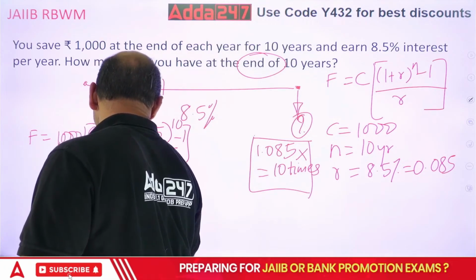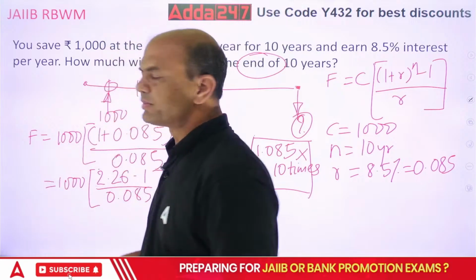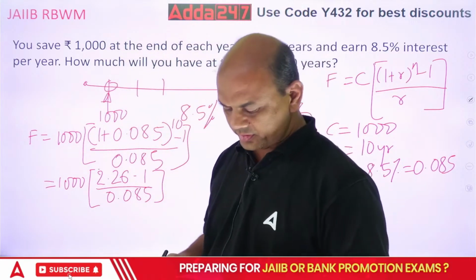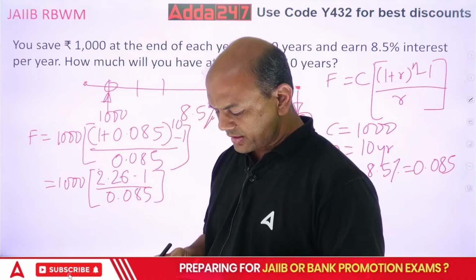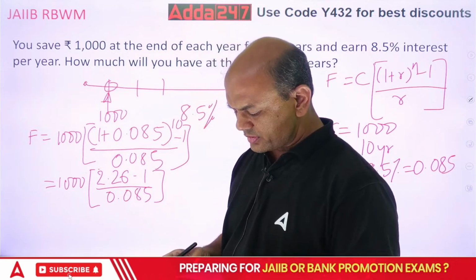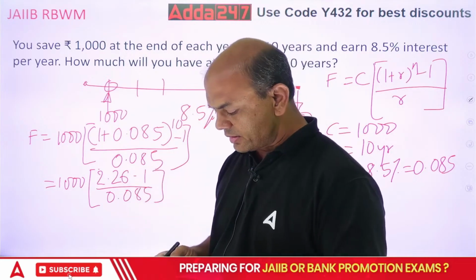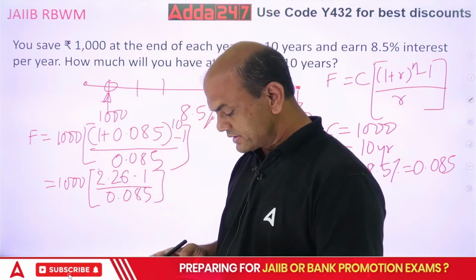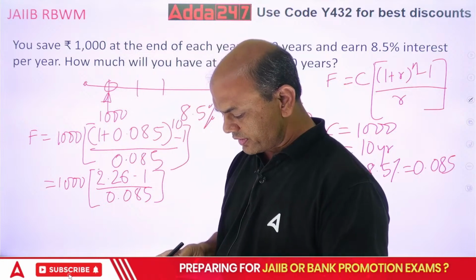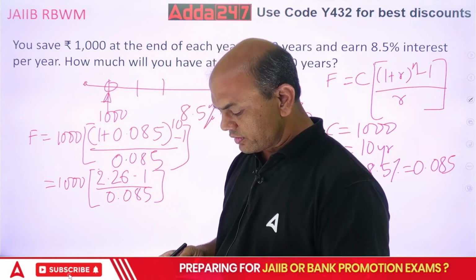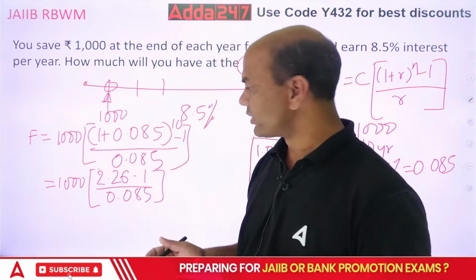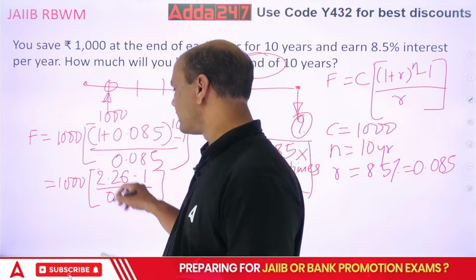Now solve this. 2.26 minus 1 means 1.26, divided by 0.085. What are you getting? 14.83. You are getting this answer.